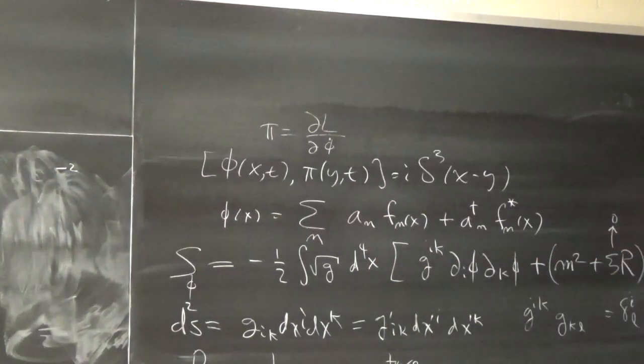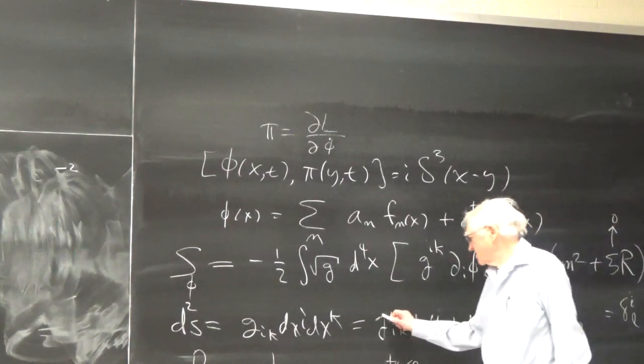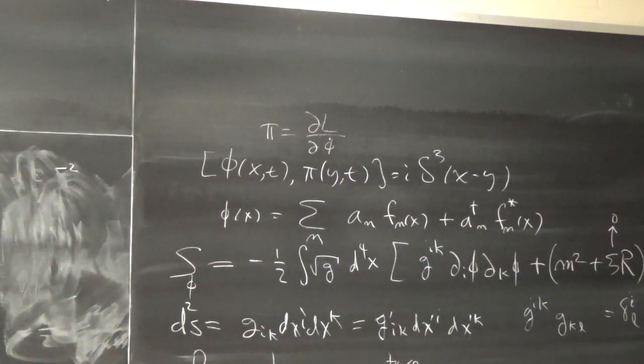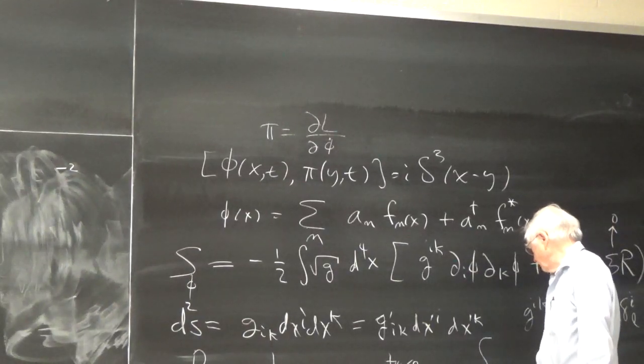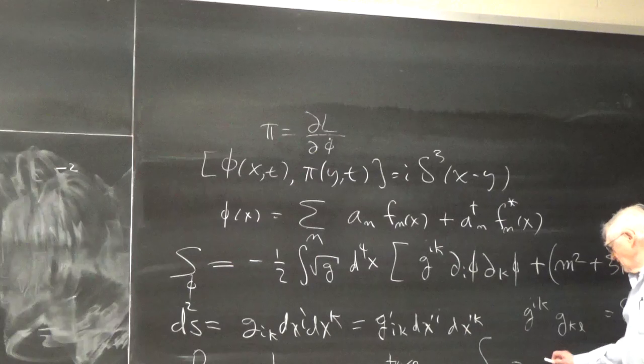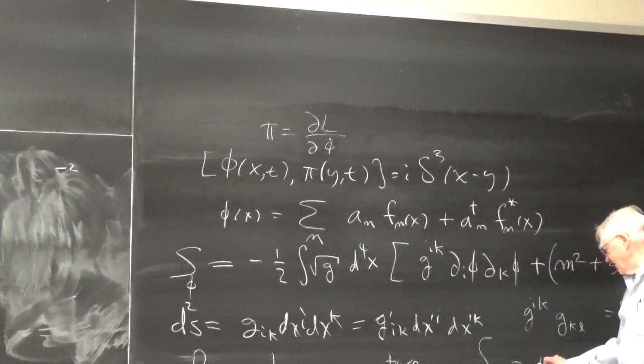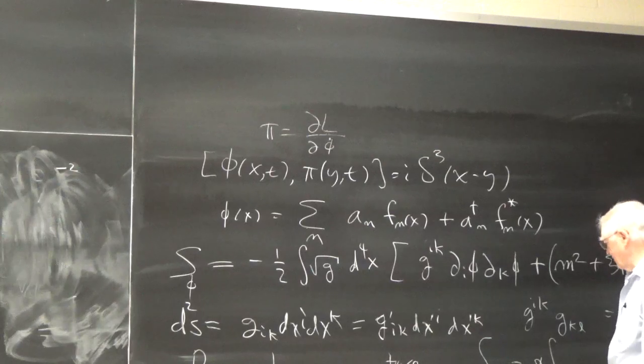You can look in the chapter on general relativity, which I put on the class webpage, the chapter from the second edition of my book. So the scalar curvature is the simplest scalar that one can make from the metric. And in fact, the Einstein action is, I will write this with a constant alpha, because I don't remember exactly what the constant is.